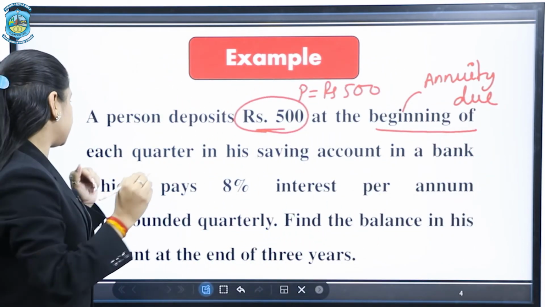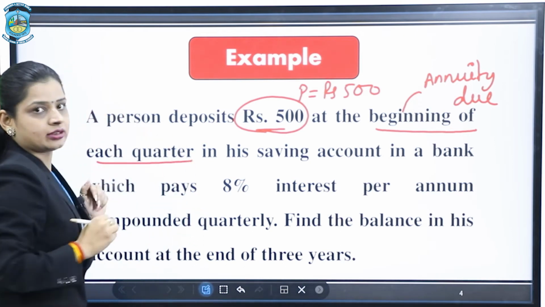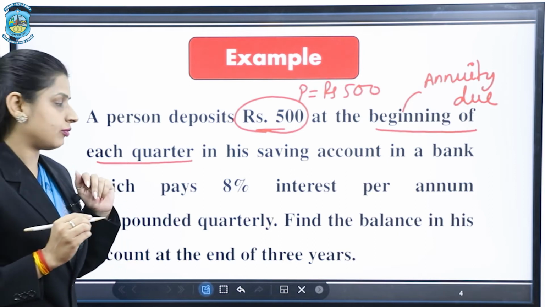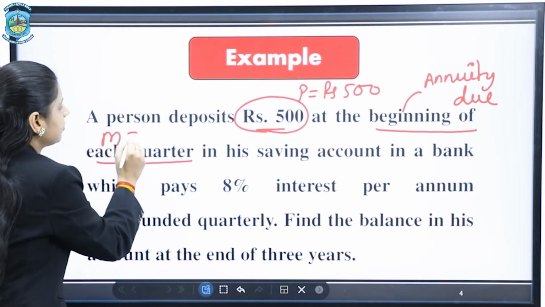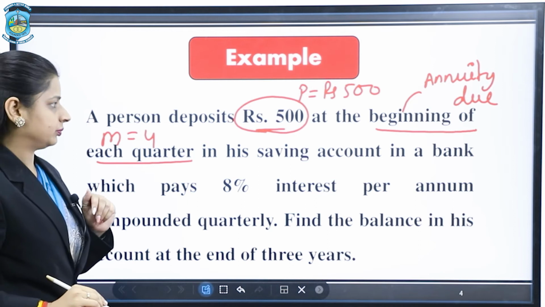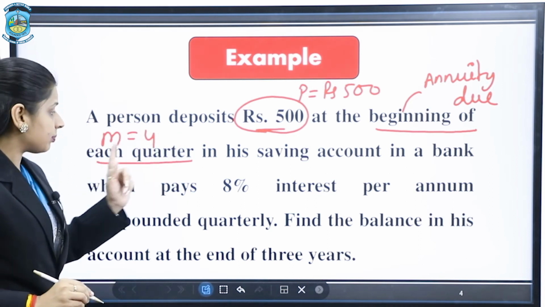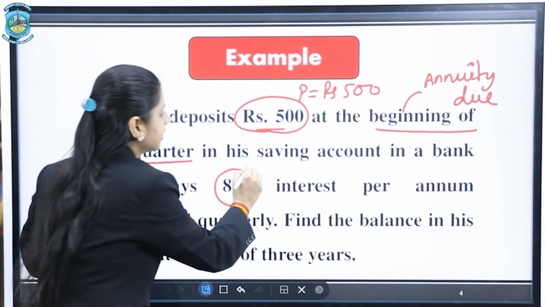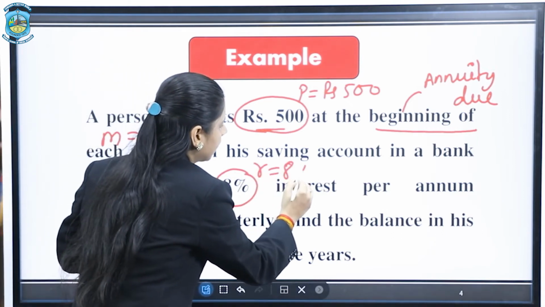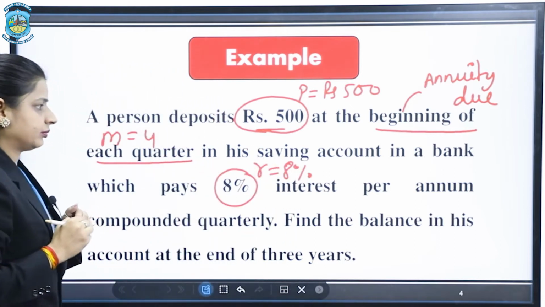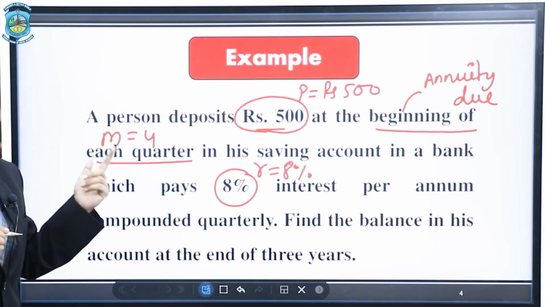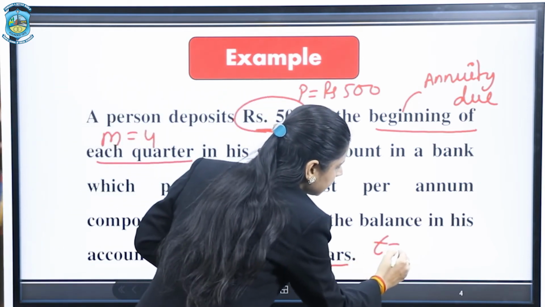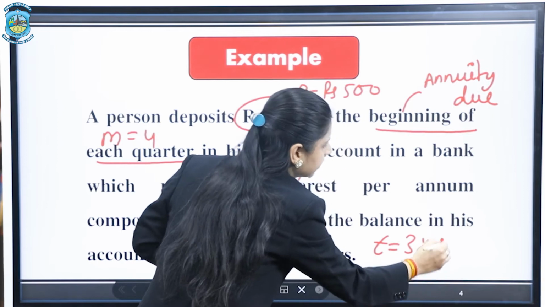Payments are deposited in each quarter, that is, the number of installments in a year is 4, so we get m equal to 4. Now, the bank pays 8% interest per annum, that is, r equal to 8%. And we have to calculate this annuity due after 3 years, it means t is equal to 3 years.